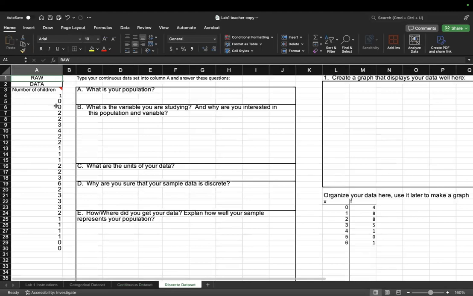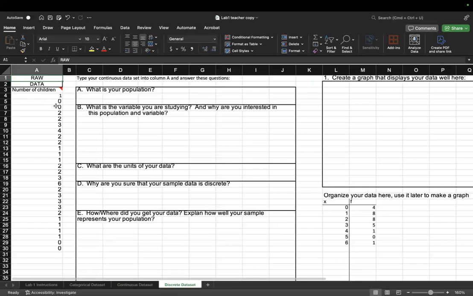Remember, discrete data is numerical, it's quantitative, and it can't take on any value. Usually it's integers. So if you collected 20 bags of fun size M&Ms and you counted how many M&Ms are in each of those bags, those would be discrete. If you did random integers on your calculator 20 times, those would be discrete.